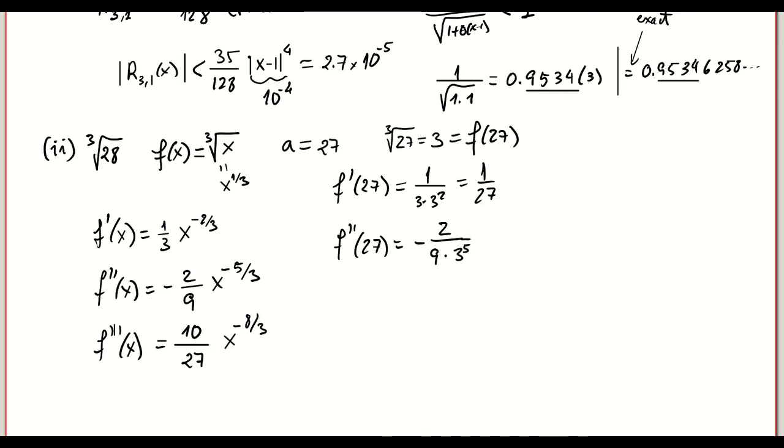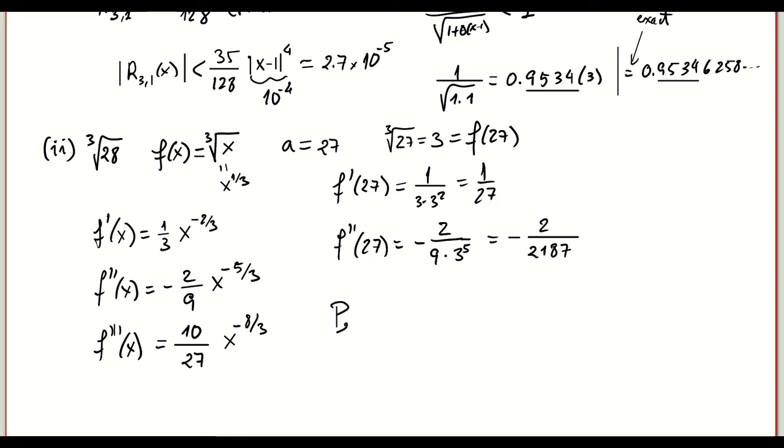Let me check what this is. This is minus 2 over 2187.